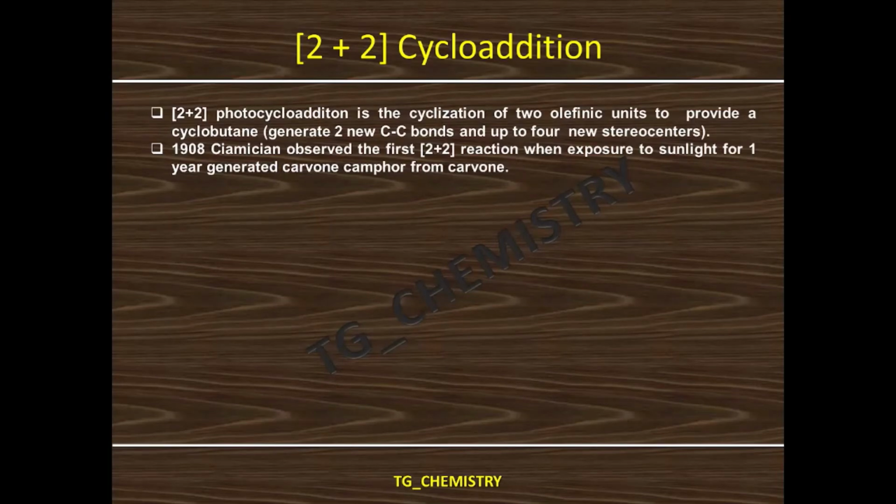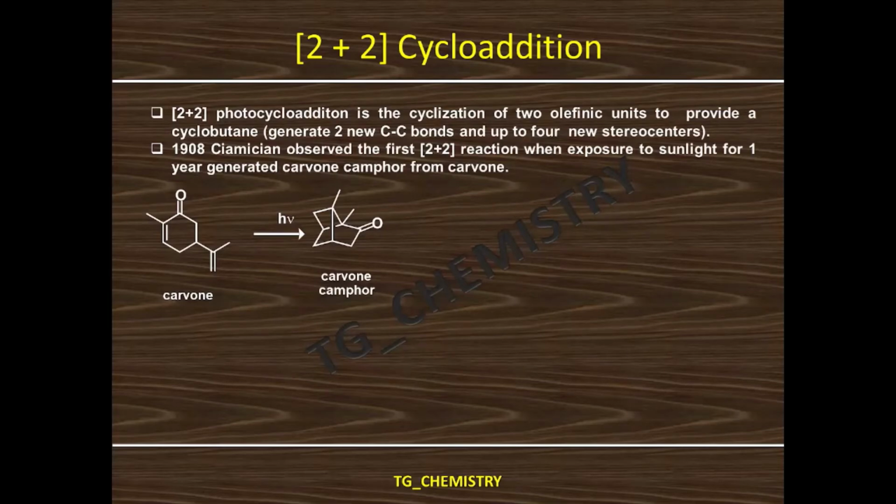Let me take you to the first example of this 2+2 cycloaddition. Way back in 1908, the first 2+2 addition was observed when carvone was exposed to sunlight for 1 year and generated thereafter the carvone camphor after photo irradiation in sunlight.